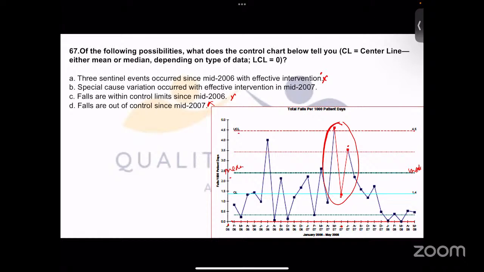For option number 2, special cause variation occurred with effective intervention in mid-2007 because this requires intervention. So this is the correct answer, a shift in the variation that occurred in mid-2007. And this requires an intervention.